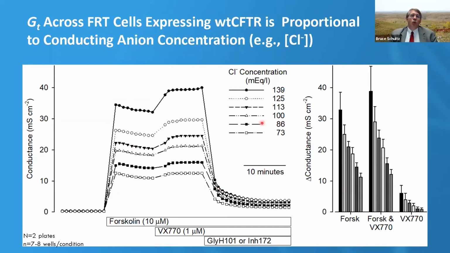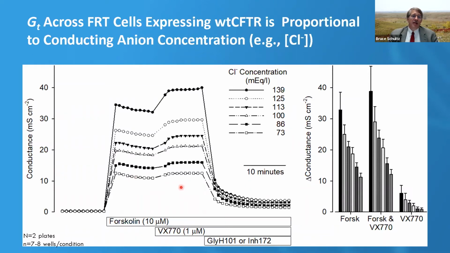In this image, we start off with 139 milliequivalents per liter of chloride, which is the typical concentration in Coon's medium that is used to grow these cells. We then decrease the chloride concentration by 10% increments down to 73 milliequivalents per liter, and we see a proportional stepwise decrease in transepithelial conductance in these monolayers.